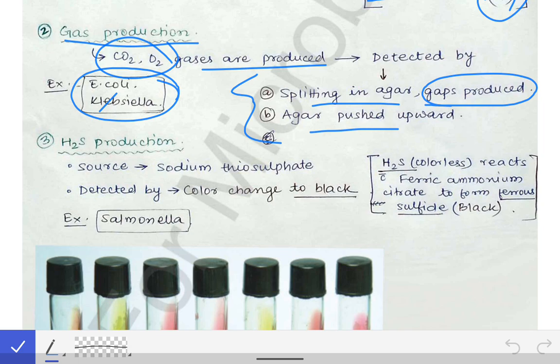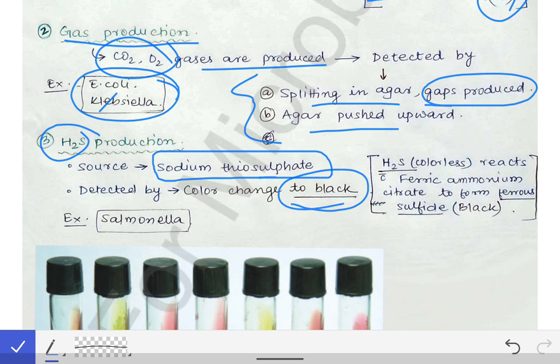Since this TSI agar also contains sodium thiosulfate as a component, when the bacteria acts upon this sodium thiosulfate, then it produces this H2S gas. But how are we going to detect this H2S gas? The detection of H2S is by change in the color. If we see that a black color change has occurred in that agar, that means the H2S gas has been produced.